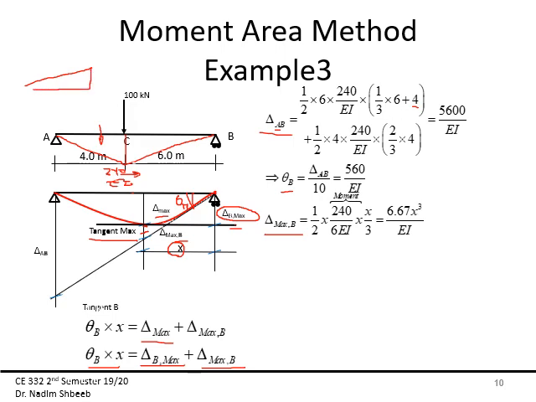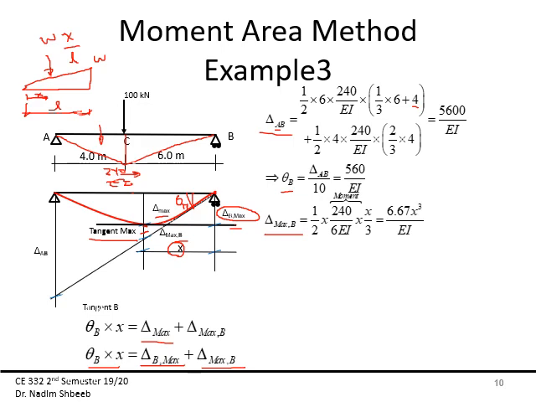So if I have any triangle, and let's say the maximum ordinate is W, and this distance is, let's say, L, and I want the value at any x for this triangle, then this slope right here is going to be the maximum ordinate W times x over L. Okay?